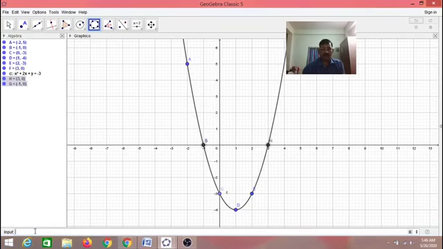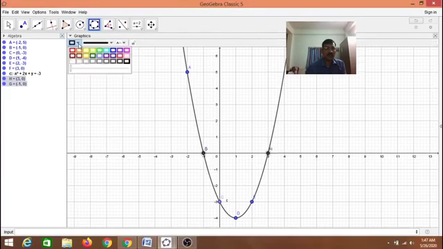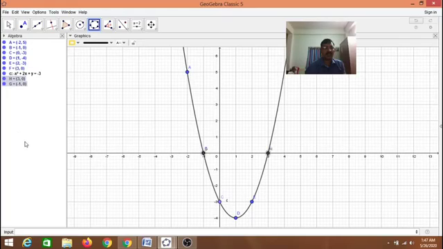Here you can see the two zeros, right? We can see the two zeros separately here. This is what we have to understand. Right. Now let us go for the next one.